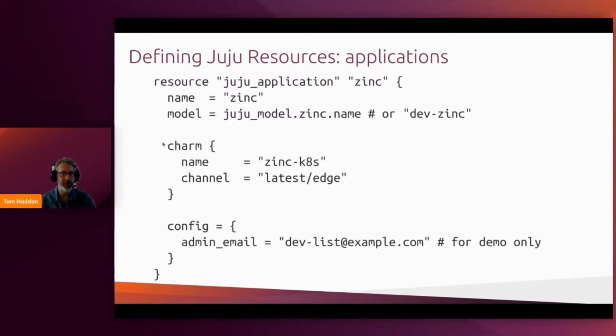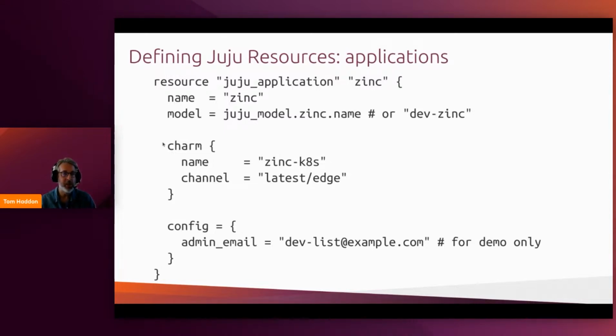This is actually just for the demo, because the Zinc charm itself is a very clean charm. It doesn't expose any configuration options. You don't need to configure anything for it. But if you were deploying a charm that exposed some configuration options and you wanted to define those, this is how you would do that. And you could obviously define as many of those as you like.